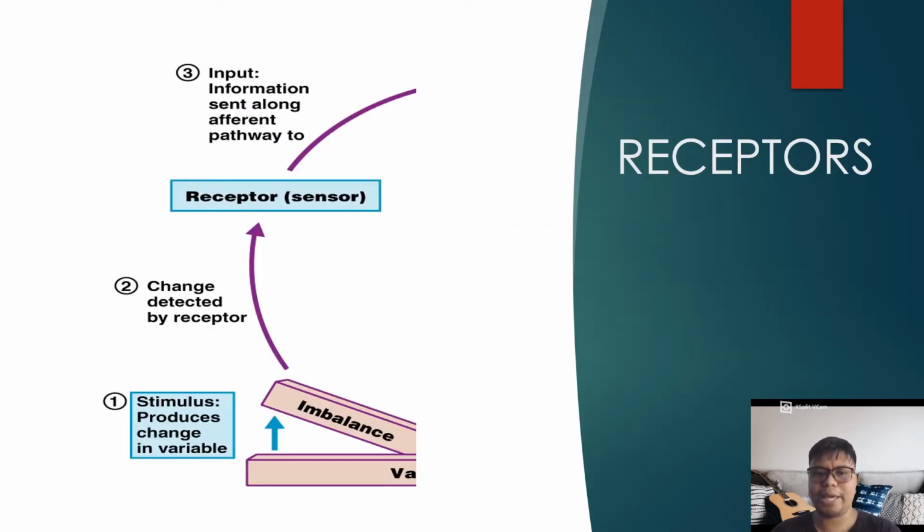Next, we have the receptors. The changes in the system will be detected by the receptor. In this case, we have the neurons of the integumentary system. It will be detected that there is a hot temperature in the environment, and that information will be sent along through the afferent pathway. So what is afferent pathway?